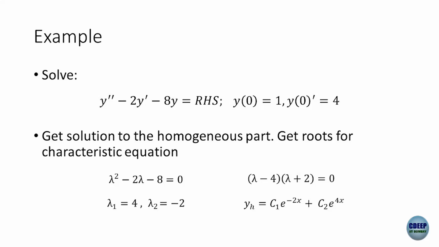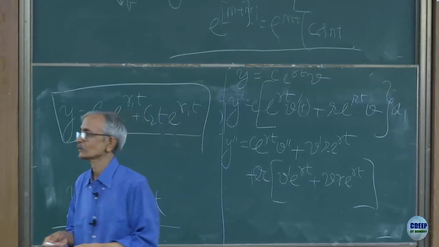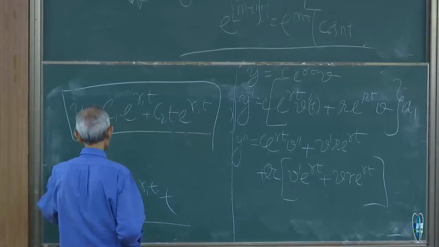The roots could be imaginary, in which case you can still do nothing, or you can say that I want a more physically palatable solution and convert it into sines and cosines. And if the roots are equal, then the solution looks like the root itself, plus the independent variable times the root itself. So that's what the solutions are all about. We look at a couple of examples.